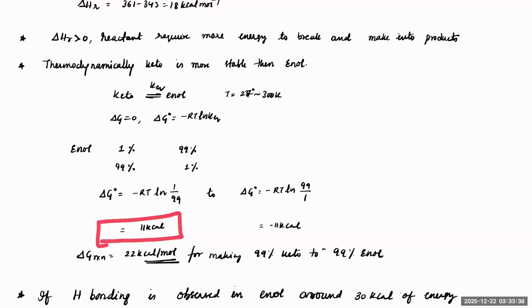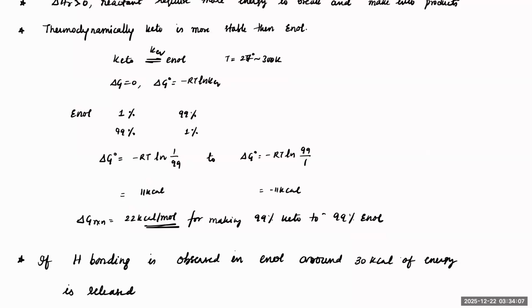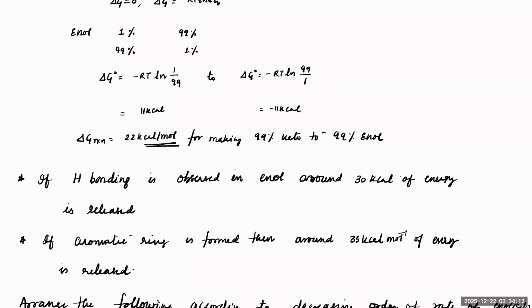Delta G, even if you vary that much, 1 is to 99, the change in free energy is only 11 kilocalories. And notice, if you take it 99 by 1, it is going to come as minus 11 kilocalories. So in short, if I'm able to provide 22 kilocalories of extra energy, I will be able to convert 99% ketone into 99% enol. Alright. So this much is the conversion that you will be able to notice.